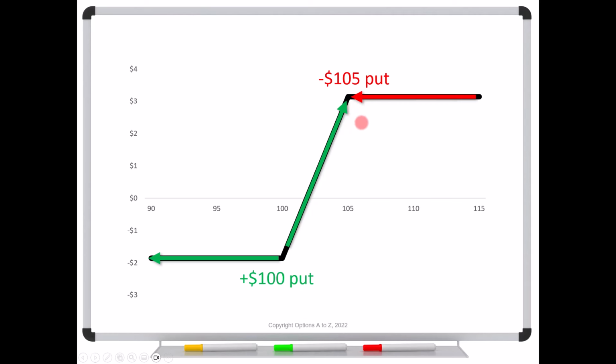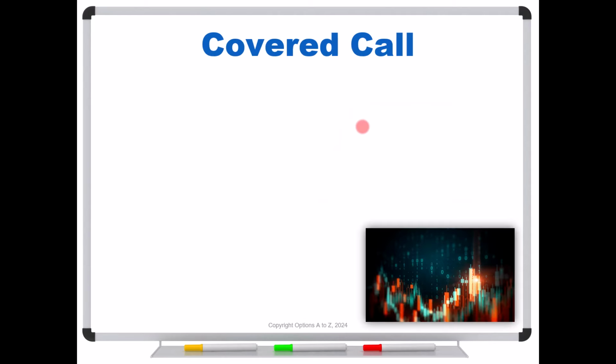Now, this is typically what people think of when you talk about spreads. They think of vertical spreads. But remember, when we looked at our previous definition, it's really being long and short an asset that have opposing deltas. So for instance, let's look at a covered call. A lot of people don't think of a covered call as a spread, but it is. It fits our definition. So this is where you're going to buy shares or perhaps already have them in the account, and then you sell a call against them.